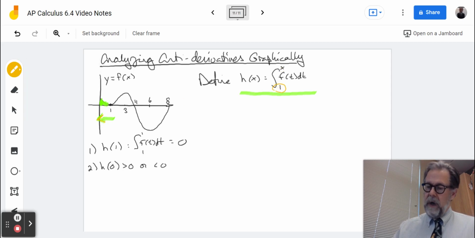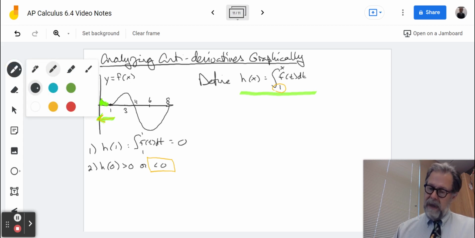Since I am integrating from 1 to 0, that means I am integrating to the left, and that means that it must be less than 0. A positive integral moving in the opposite direction gives me a negative value.